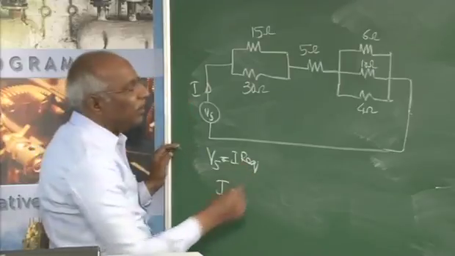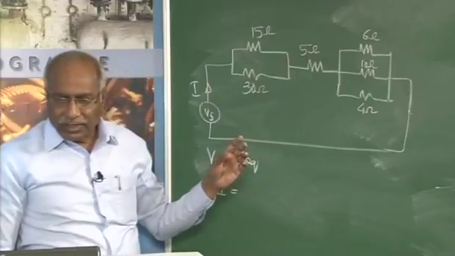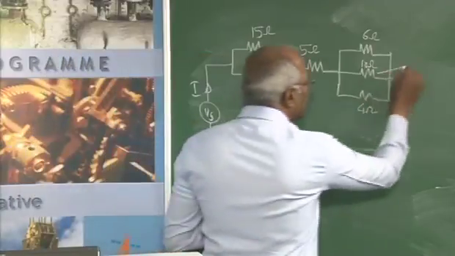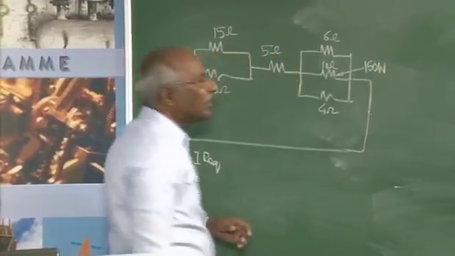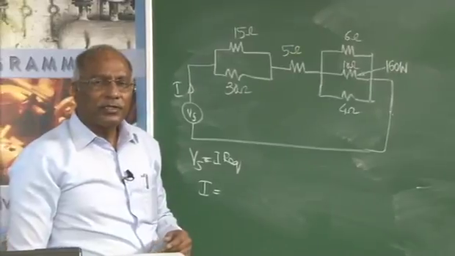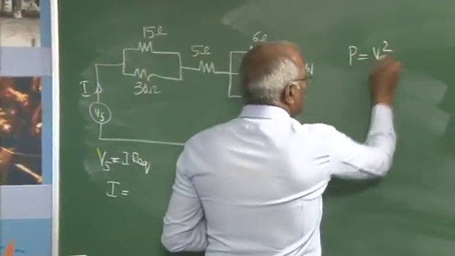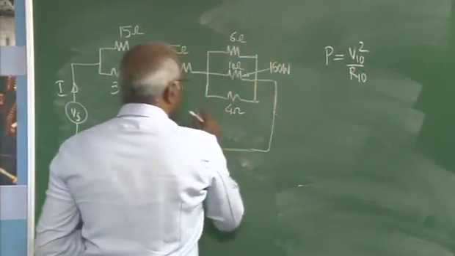look at this. There is some data, in that respect it has been mentioned that the 10 ohm resistor is consuming 160 watts. That means this is consuming 160 watts. So with that, is it possible to find out the voltage across this one?